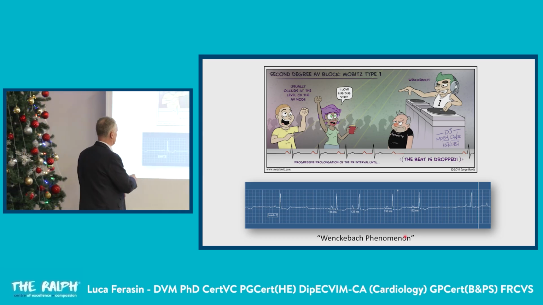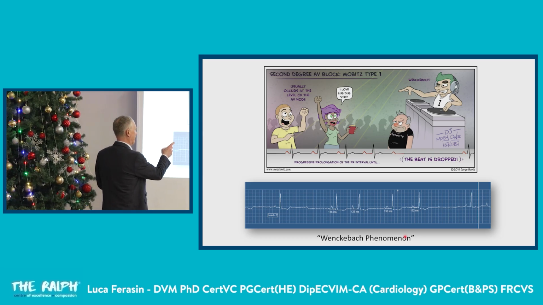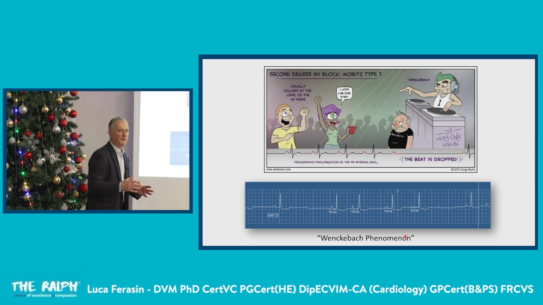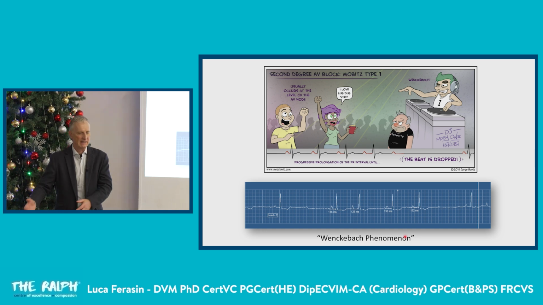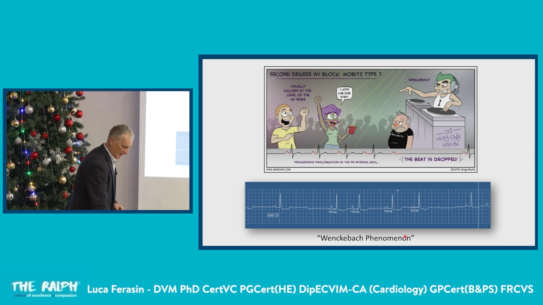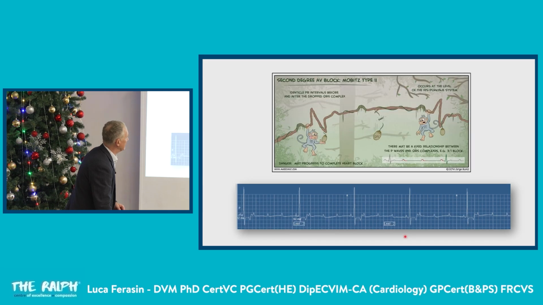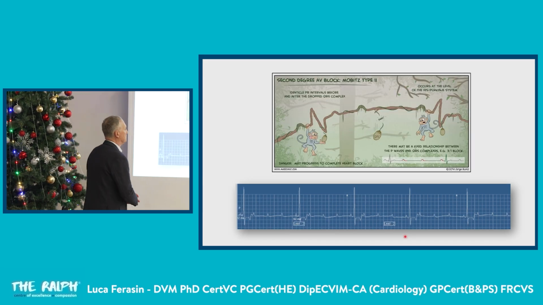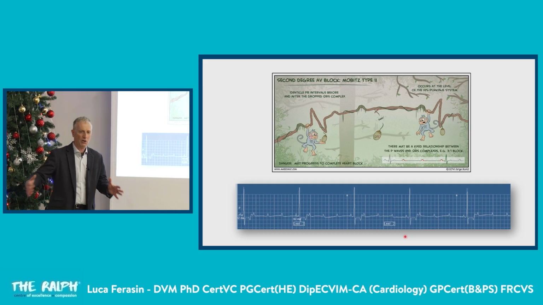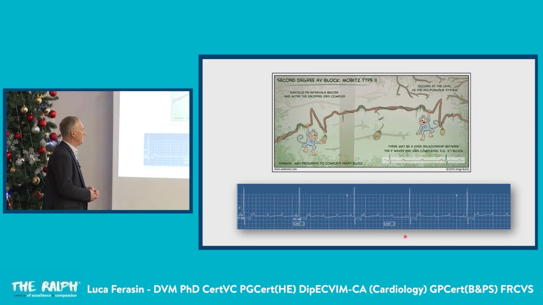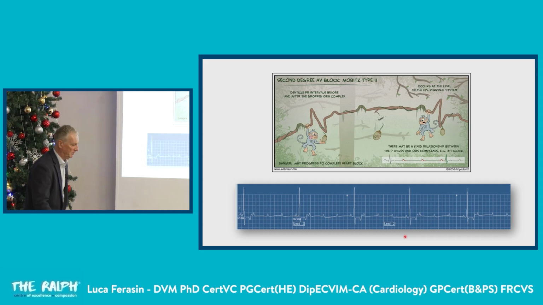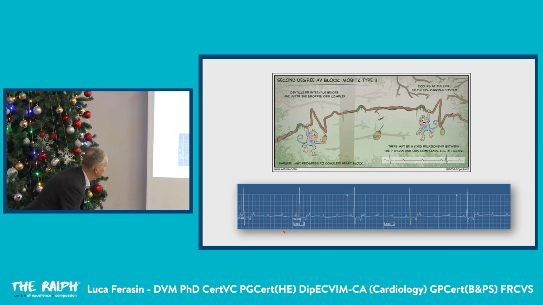In this case it's 1, 2, 3, 4 to 1. So 4 prolongations and then a missing beat. This can progress and move into type 2, where every time we got multiple non-conducted P waves, but the PQ interval remains always the same, right?